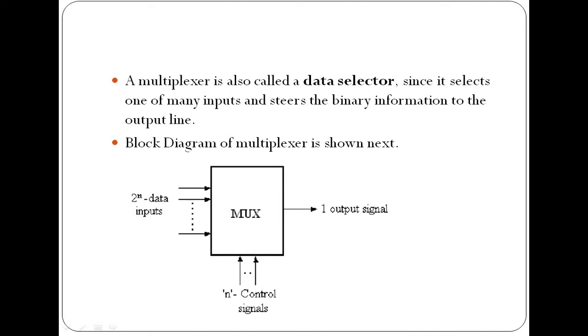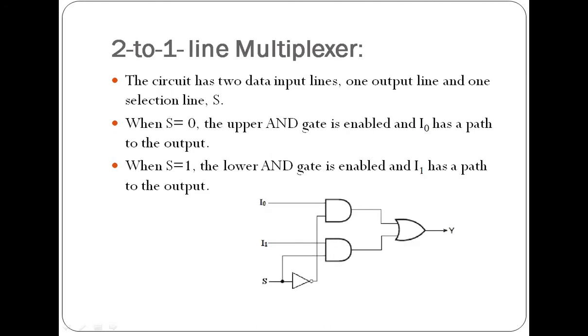A multiplexer is also called a data selector since it selects one of the many inputs and steers the binary information to the output line. According to the control signals or select lines, one of the many input lines is selected and given to the output.